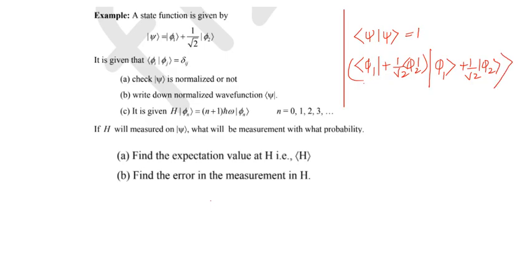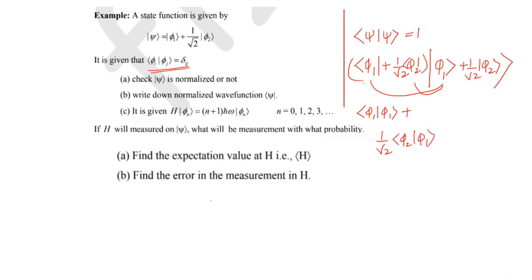Okay, so multiplying both sides, phi 1, if we multiply both sides, you will get <phi 1|phi 1>. Since by the given condition phi 1 is already normalized, the first term becomes 1. The second term is 1 by root 2 <phi 2|phi 1>.